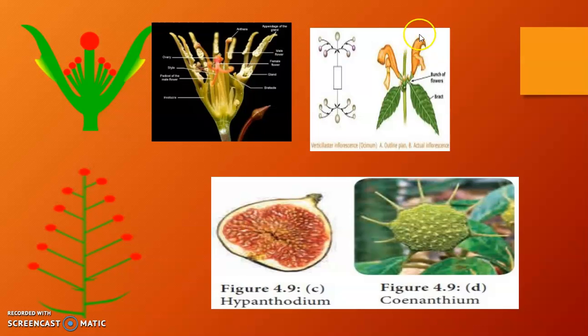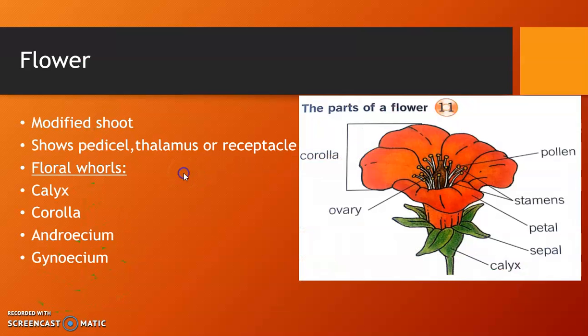The flowers will look like this, a bunch of flowers, and the third one is thyrsus. Thyrsus can be seen in ocimum, the tulasi plant and others. And the next one is hypanthodium. It will be like this, and the next image is cynanthium. So these are the different types of cymose inflorescence.